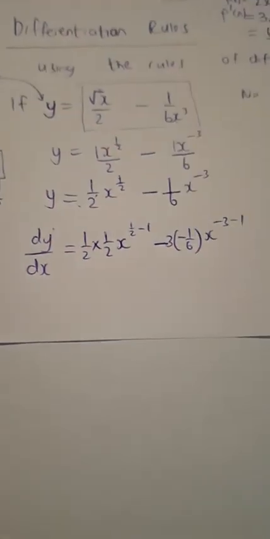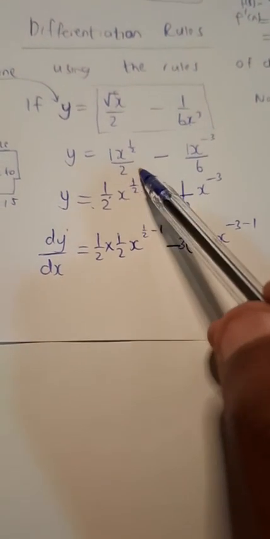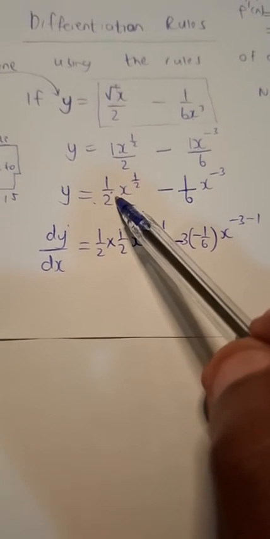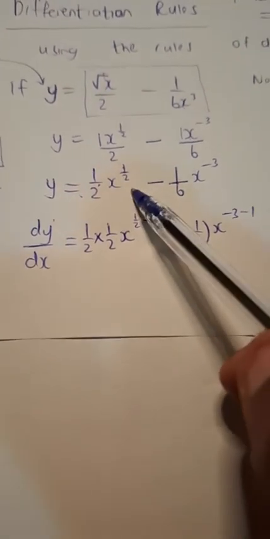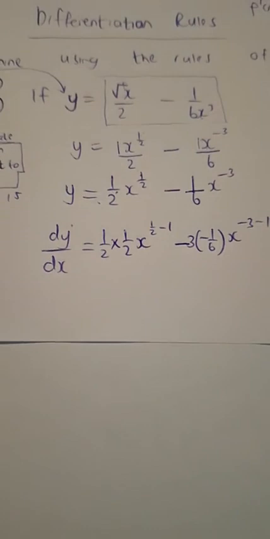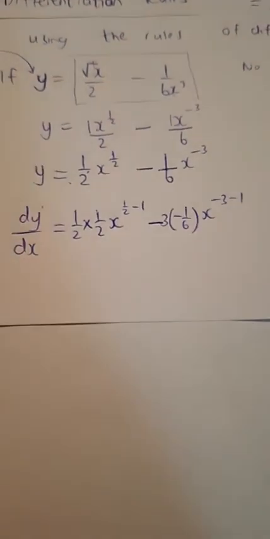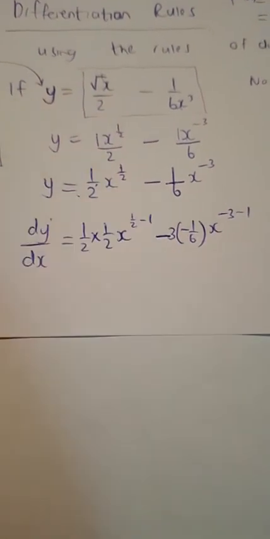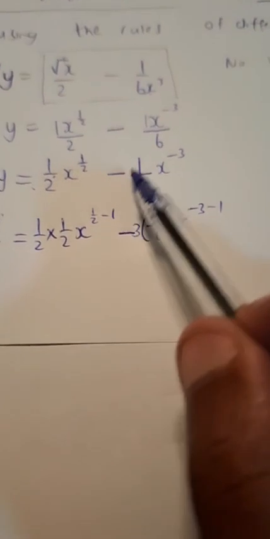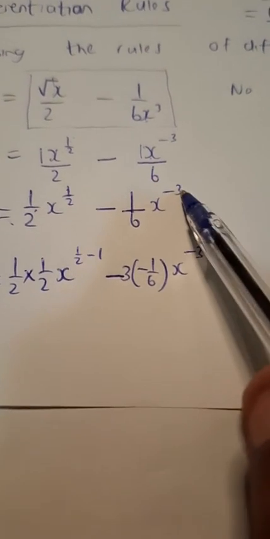The only thing that really changes is that we take the exponent, multiply it with the current coefficient, retain the variable x, then subtract 1 from the exponent itself. So hopefully grade 12s, this makes sense, the power rule when it comes to calculus. Very important. If you look at this negative 1 over 6x to the power negative 3, again, guys, what did I say?